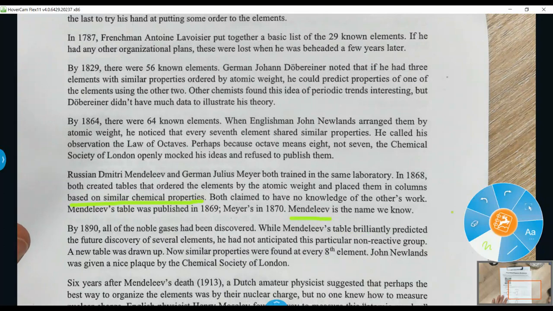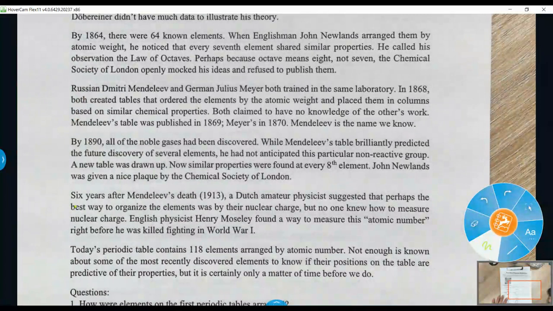So, continuing on, by 1890 all of the noble gases had been discovered. While Mendeleev's table brilliantly predicted the future discovery of several elements, he had not anticipated this particular non-reactive group. A new table was drawn up. Now similar properties were found at every eighth element. John Newlands was given a nice plaque by the Chemical Society of London.